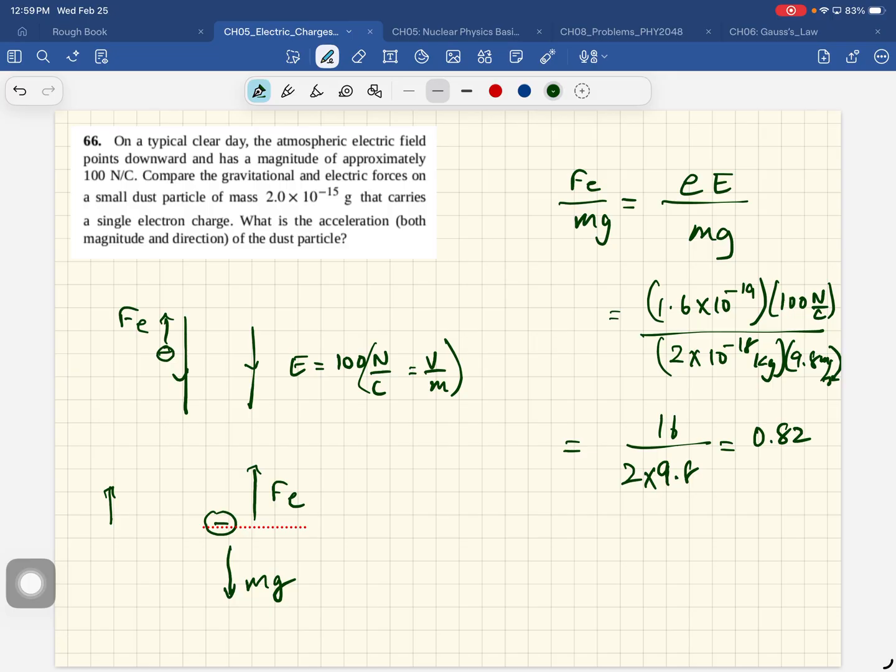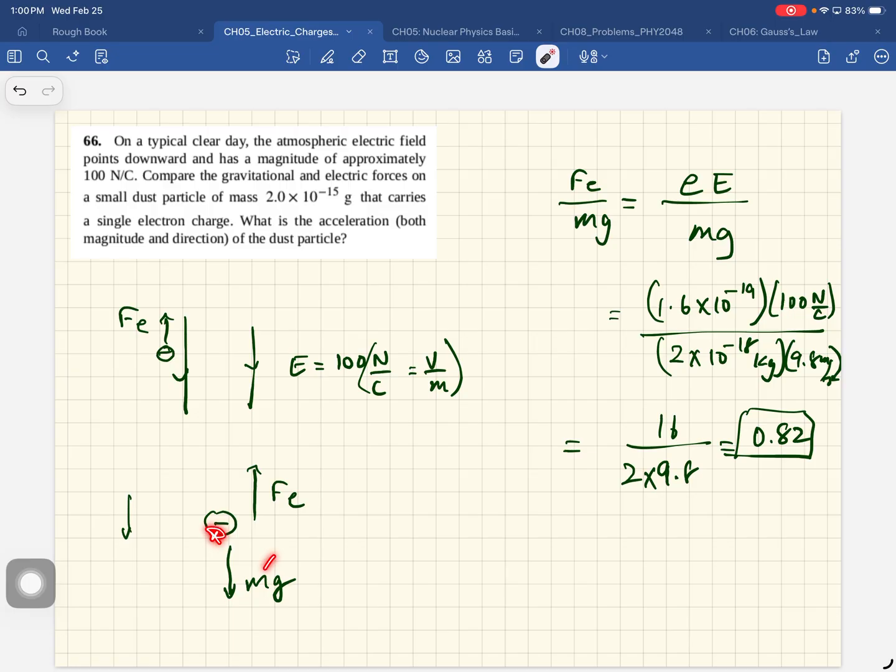So what is the acceleration? mg minus Fe is equal to mass times acceleration. So instead of accelerating down at the usual rate, now the acceleration has been reduced by this factor.